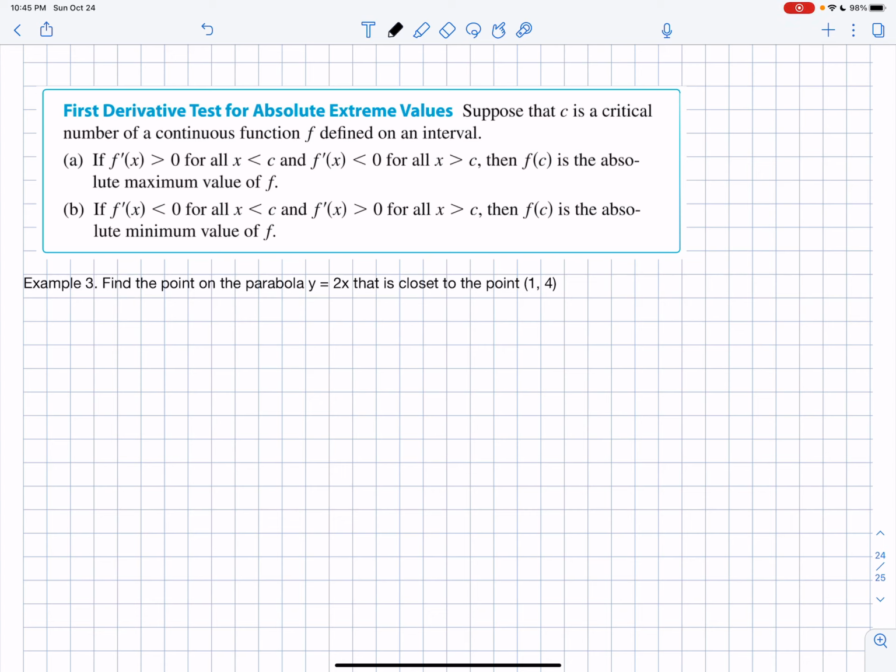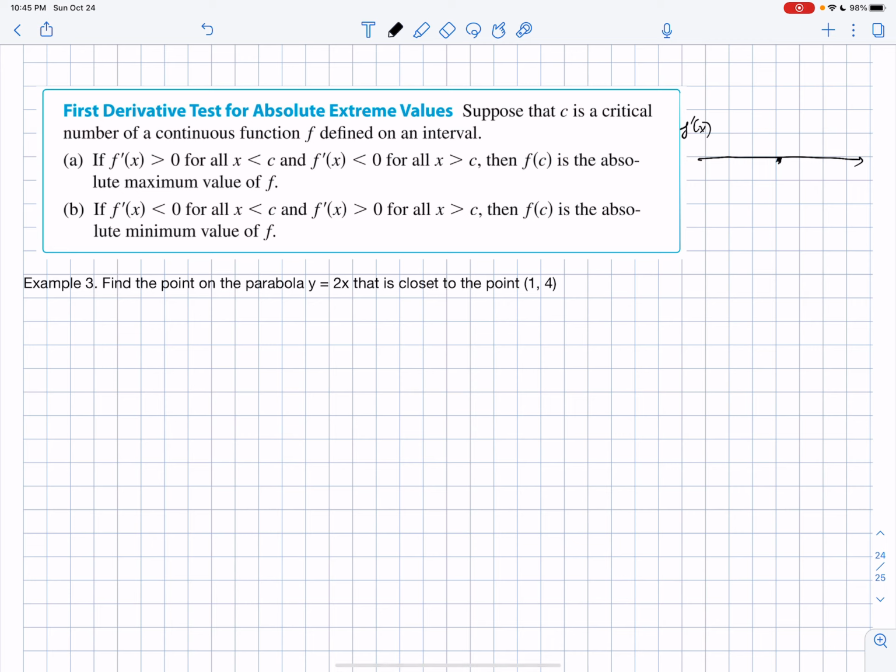From the previous example, we can see that we can tell the local maximum or local minimum is also the absolute maximum or absolute minimum if we have that this is the number line for f prime of x and we just have a point.